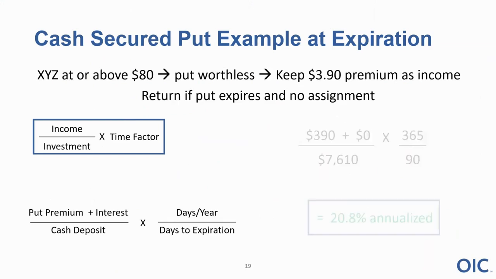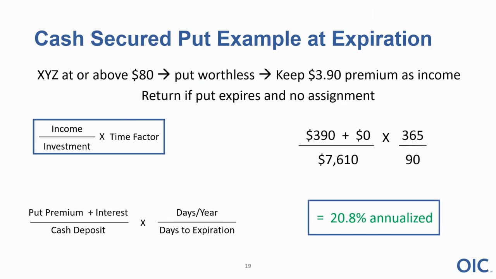So when we put that number into the model, 390, that's going to be our put premium. 0 is going to be the interest that we collected on the trade. 76.10, remember, is our cash deposit. That's our strike price minus the premium we received. There's 365 days in a year, and this is a 3-month trade, so we've got 90 days to expiration.